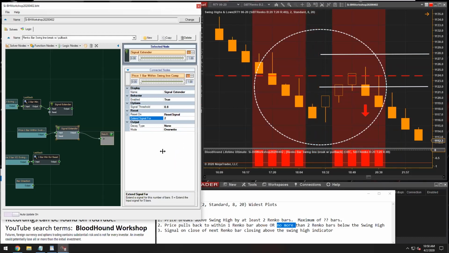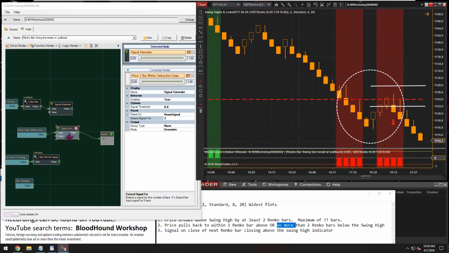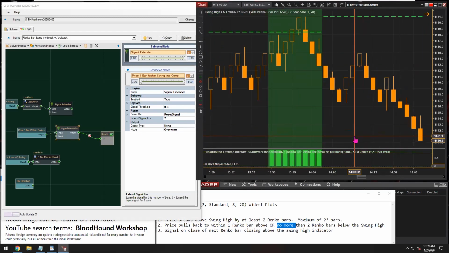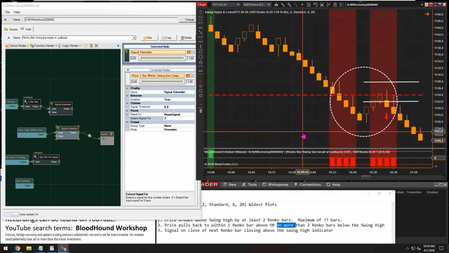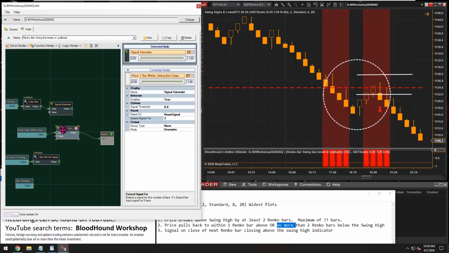There, yeah, I think 2 bars will do it. So let's see here. I don't think I'm going to have a good visual to explain the signal extender here. Let me see if I can find something. There's not going to be a good visual to help explain this, so I'll just have to explain it.